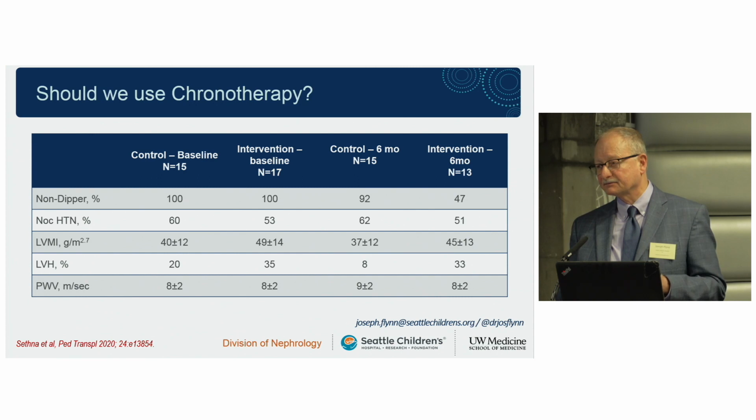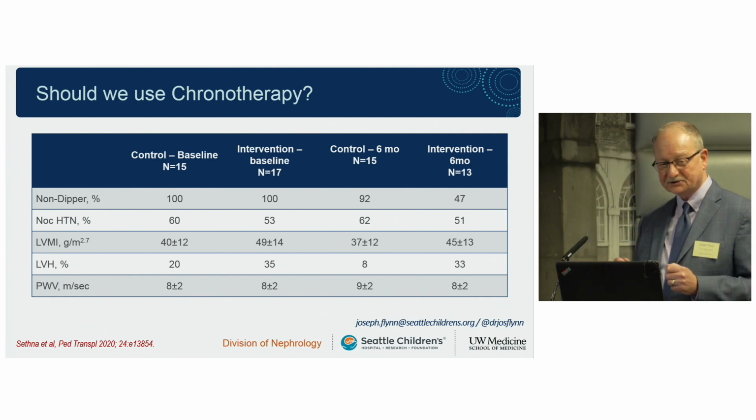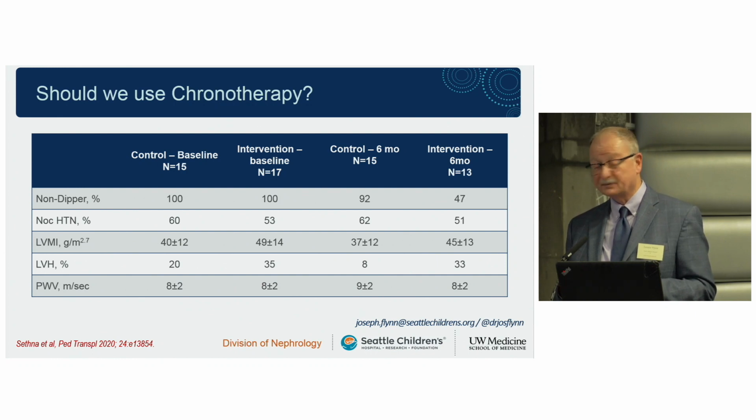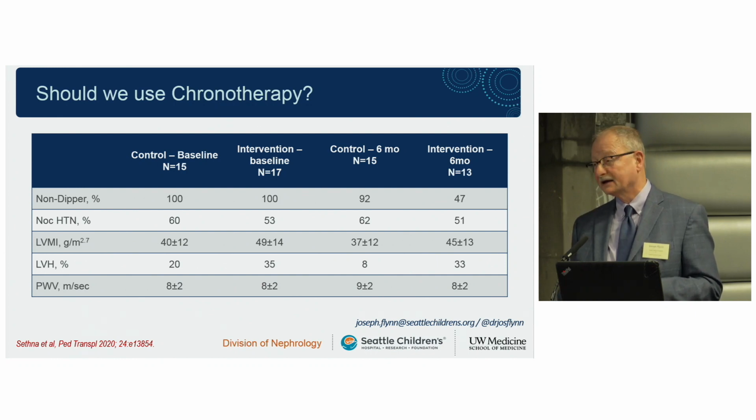And I had real ethical problems when I reviewed this manuscript, because I don't think giving an ARB at bedtime is healthy for a kidney transplant patient, because they don't always drink overnight, and you're potentially dropping their blood pressure quite low. So I personally don't think this should be done.